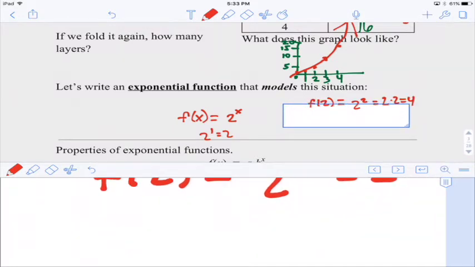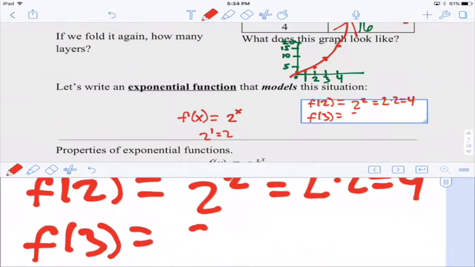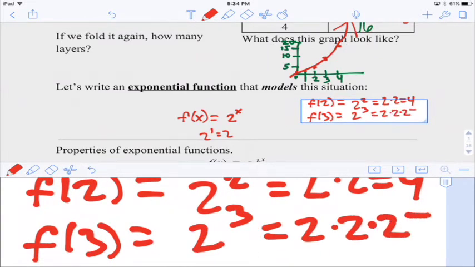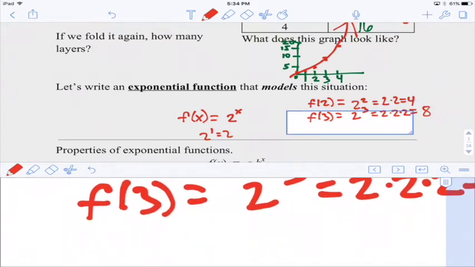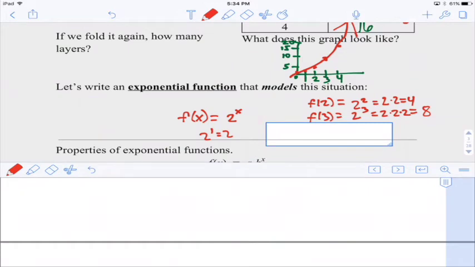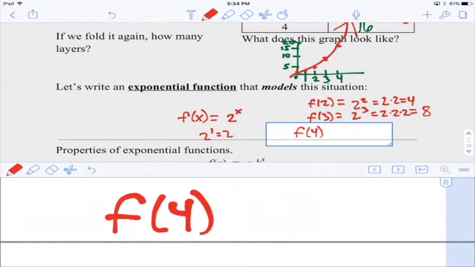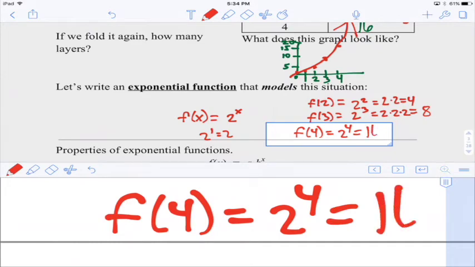If we had 3 folds, that means we have 2 to the third. That means 2 times 2 times 2 equals 8. And 4 folds does the same thing. 2 to the fourth, 2 times 2 times 2 times 2, 16.